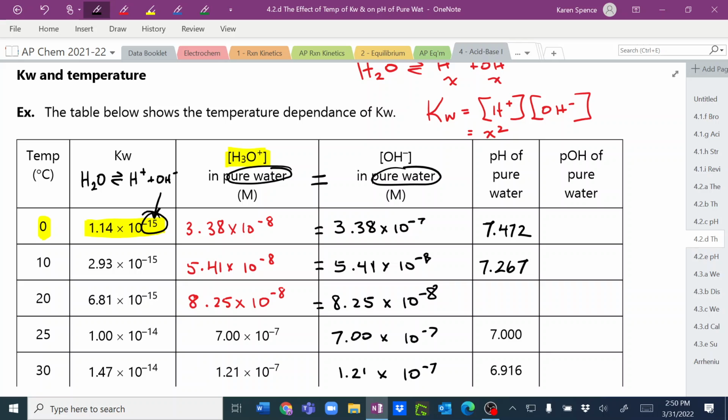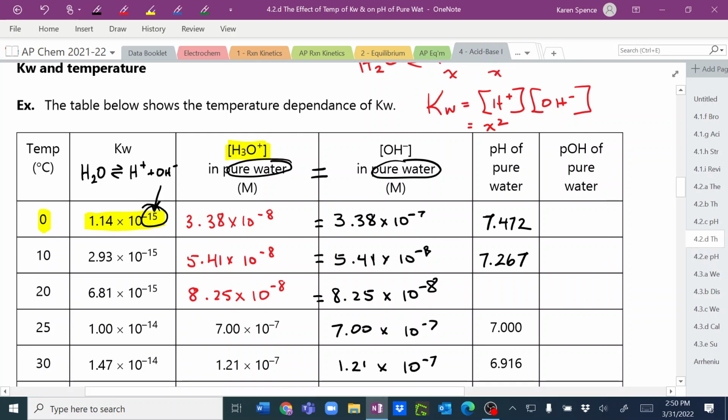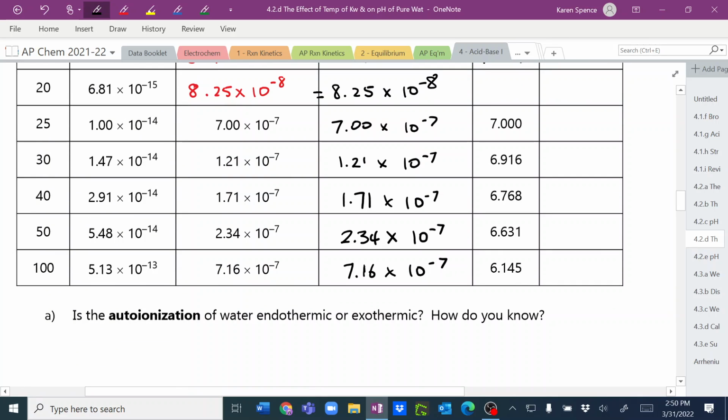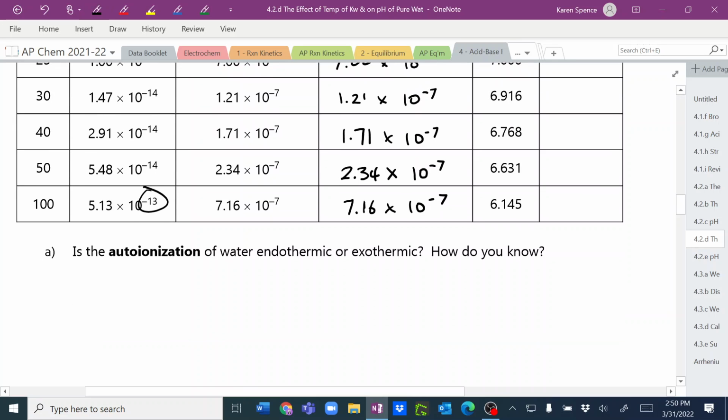If I have a smaller number, do I have more product or do I have less product? I have less product. So at 0 degrees Celsius, this equilibrium sits more towards the left. Yes? At higher temperatures, we have a larger Kw, and so this equilibrium will sit more towards the right. But why don't we figure out, is the autoionization of water endothermic or exothermic? Why don't you see if you can figure that one out?